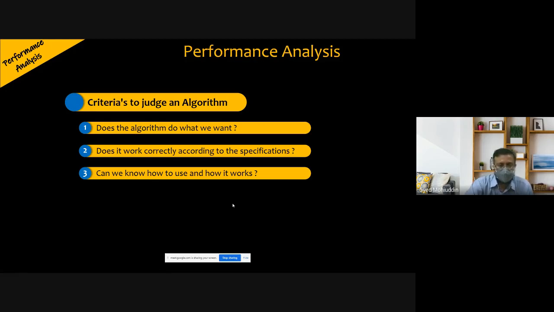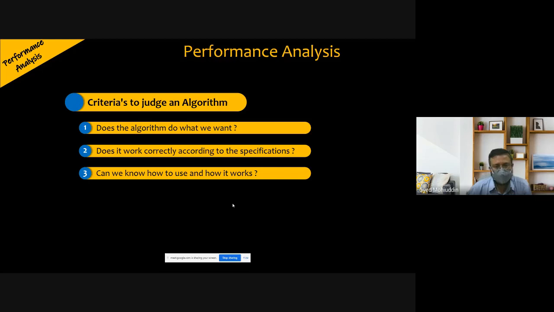And the third thing is, do we know how to use it or how it works? For example, is there any documentation provided? An algorithm will have certain parameters, like factorial of n. You should know what n should be. Can I give the n value as a floating point number to calculate factorial of 5.5? No, that's not possible.